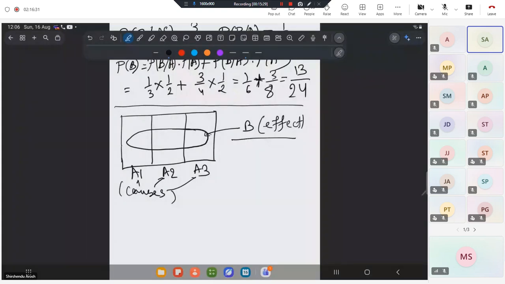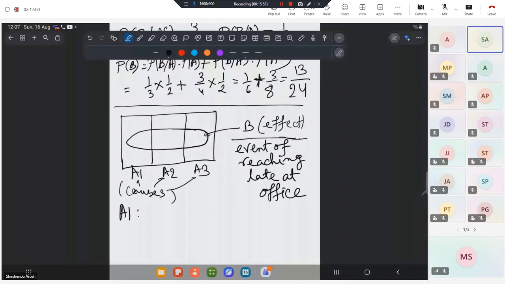So event B is, say, the event of reaching late at the office. Correct? Obviously, there must be a reason for that event of reaching late at the office. What is the reason?